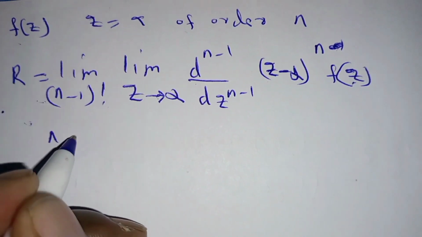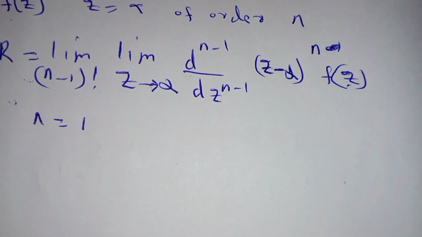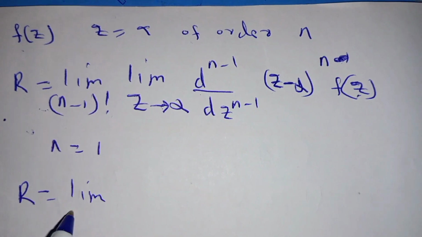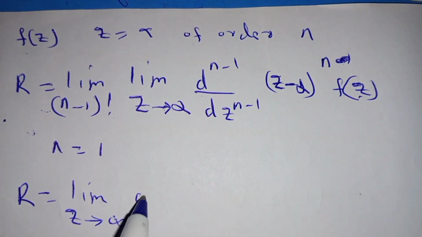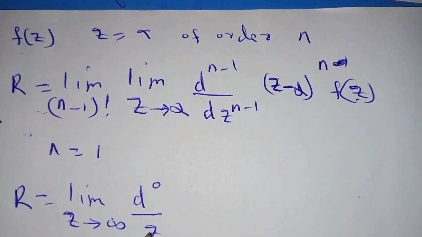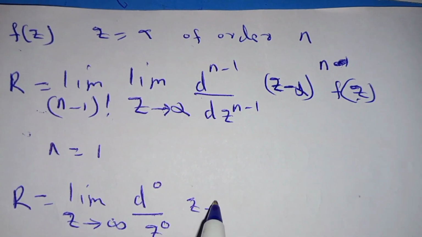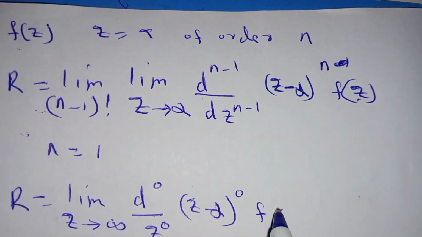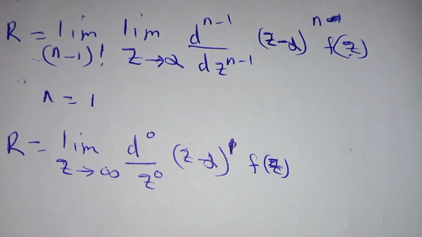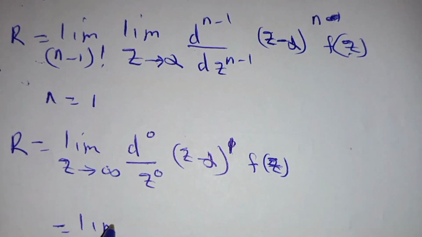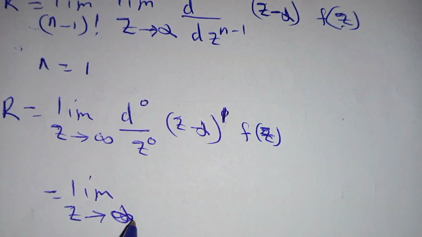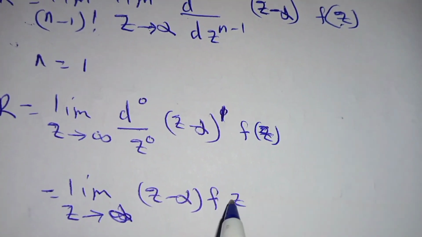In the case where n is equal to 1, our residue will be given by the limit as z tends to alpha of the derivative of order 0 of z minus alpha to the power n times f of z, which is the same as the limit as z tends to alpha of z minus alpha times f of z.